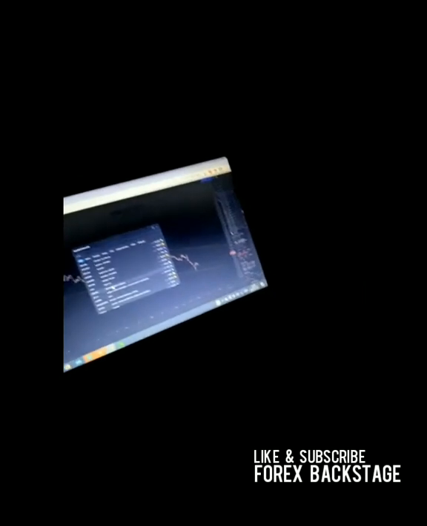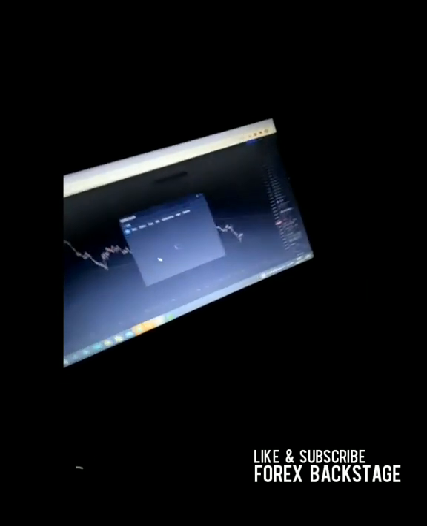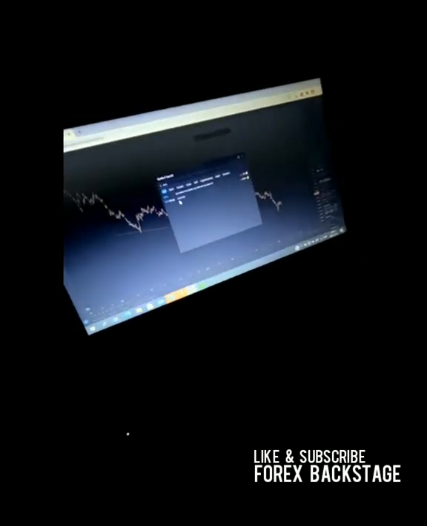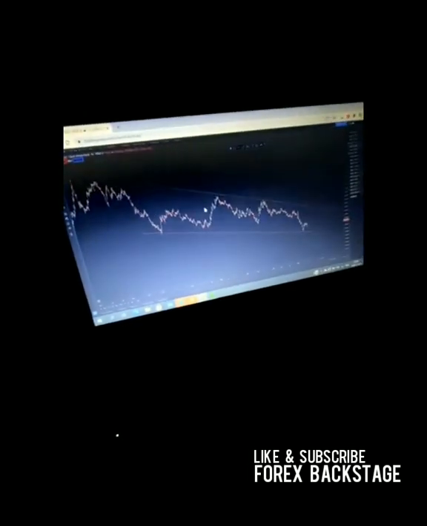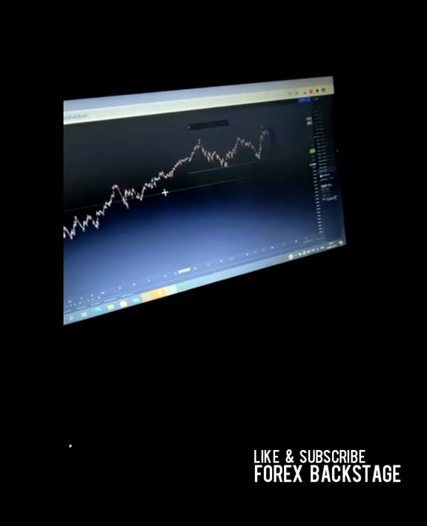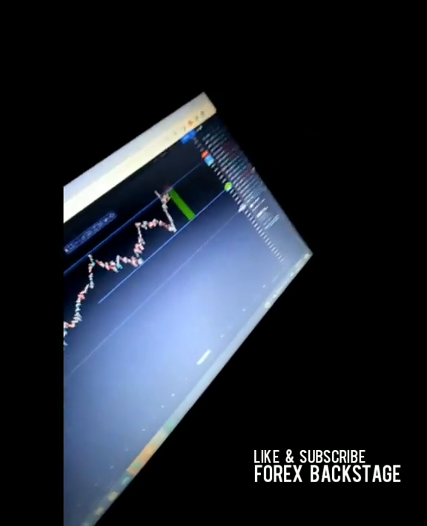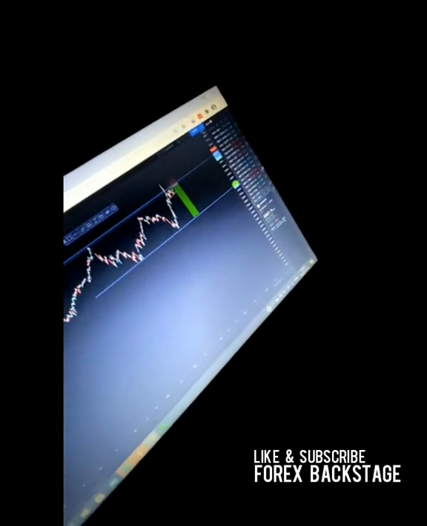Let's do Nasdaq. Now, let's start with SPX 500. Nah, let's do USD. Yeah, let's start with SPX, then we do Nasdaq. So this is my setup, guys, on SPX 500. What do you think about my setup on SPX 500?